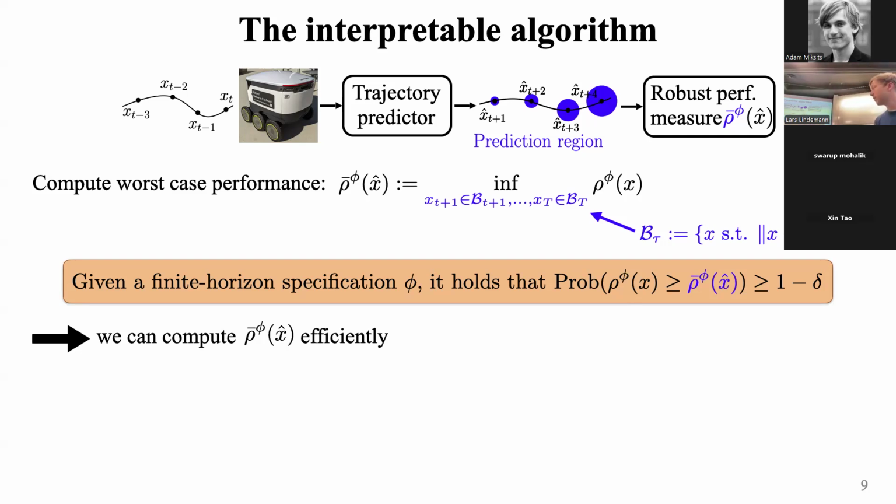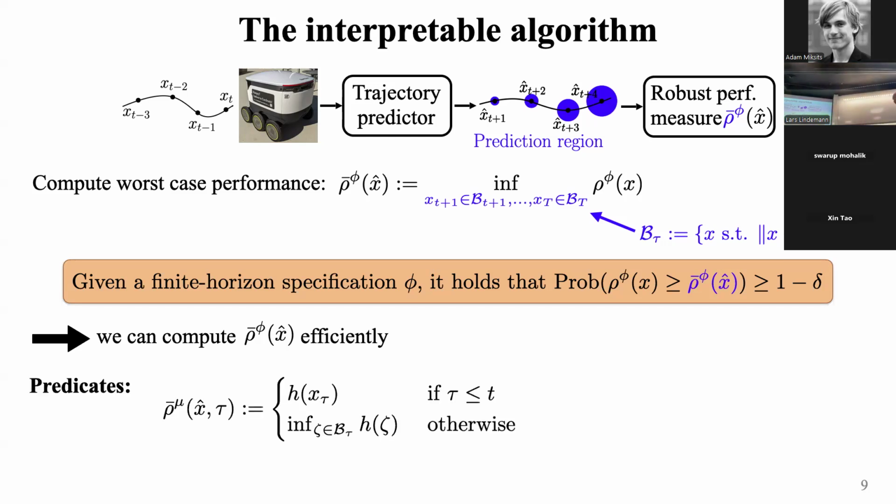For the temporal logic people here, you can compute this efficiently as well, as follows. For predicates, if the time tau that you want to evaluate the predicate at is before or during the time that you have already observed, you can simply compute your predicate function, right? You know the state already, so you can just do that. If the time you want to evaluate the predicate over is in the future, you have to take the infimum over all the states in your prediction region, and compute the worst case predicate that you obtain.